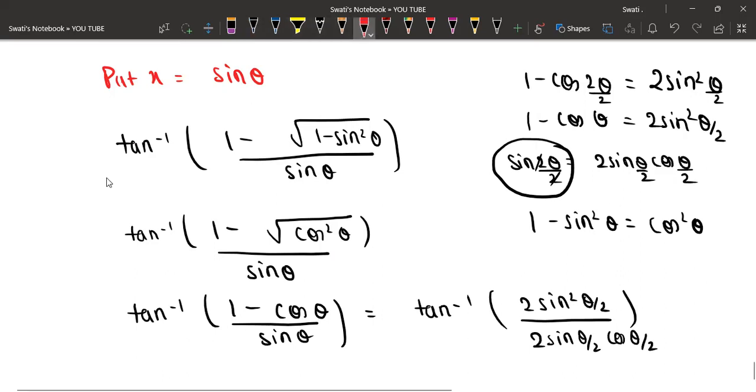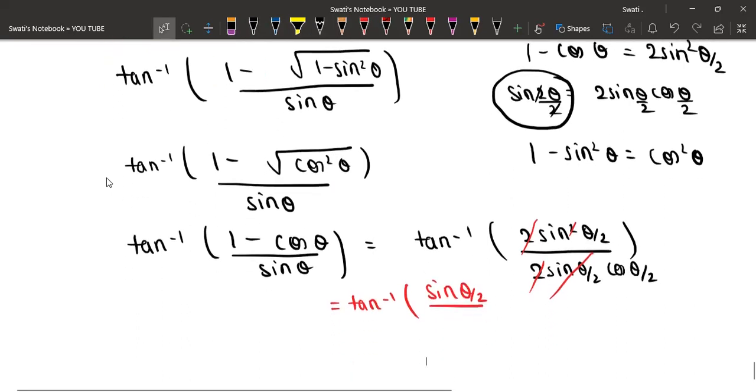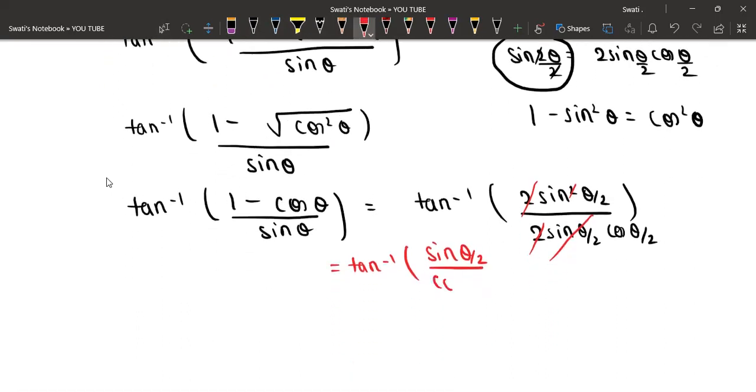Now clearly here this 2 and this 2 will get cancelled. The sine theta by 2 with the square will get cancelled. So what are we getting? We are getting tan inverse only sine theta by 2 in the numerator, and in the denominator we are getting cos theta by 2. All right. Now we know that sine theta upon cos theta is tan theta only.